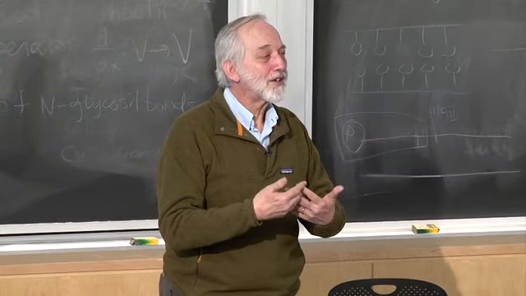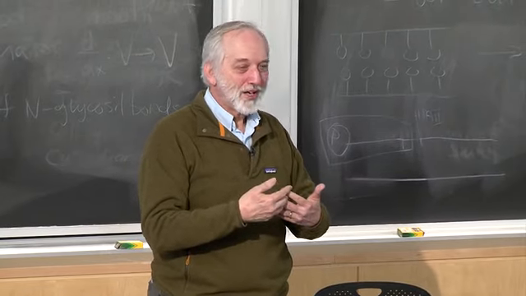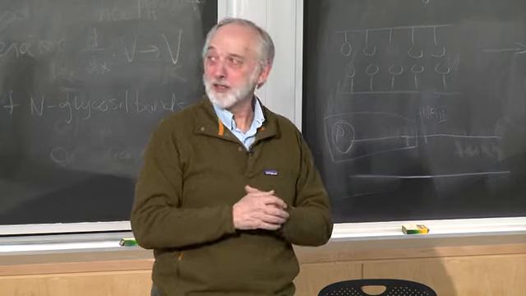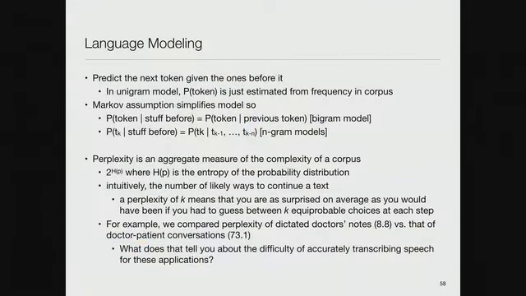So we don't know how to do either of those very well. And so the contemporary idea about language modeling is to say, given a sequence of tokens, predict the next token.